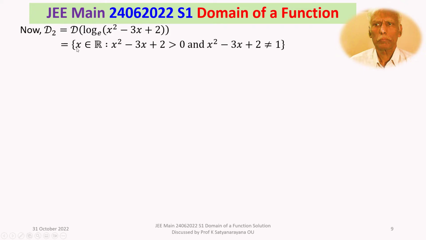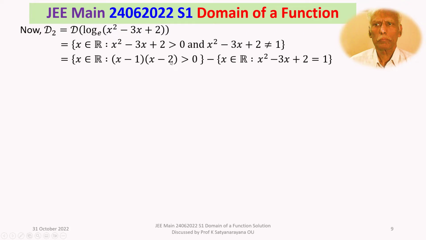So it is the set of all x belonging to R such that x² - 3x + 2 is greater than 0, but x² - 3x + 2 is not equal to 1. Factorize this: the set of all x belonging to R such that (x - 1)(x - 2) > 0, minus the set of all x belonging to R such that x² - 3x + 2 = 1.